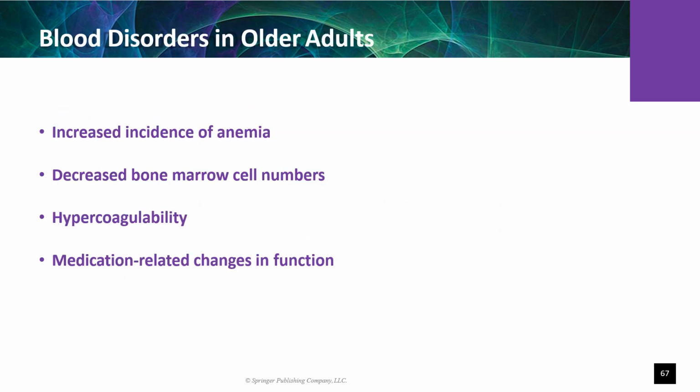Age-related changes in blood and clotting include changes in red cell count, hemoglobin, and hematocrit, changes in bone marrow, hypercoagulability, and effects related to medications commonly used in the older adult population.